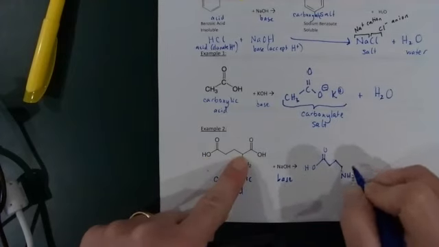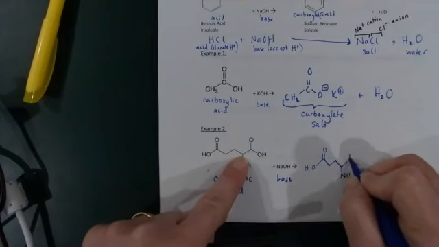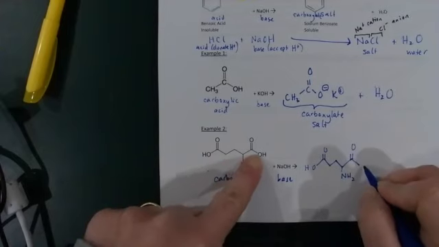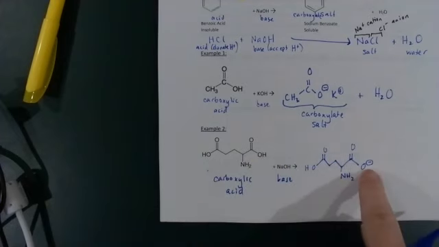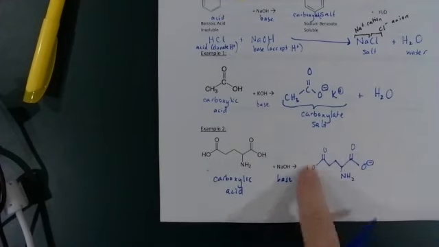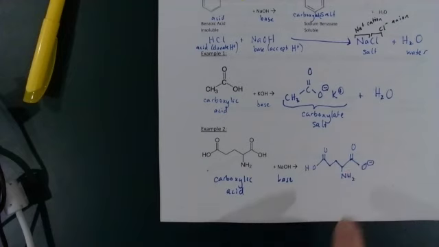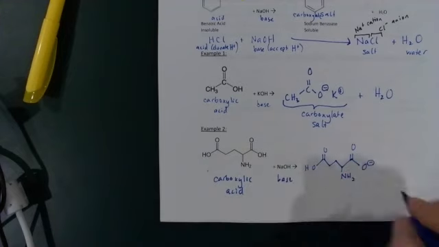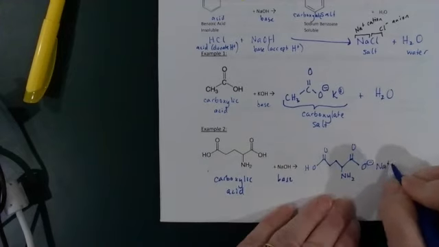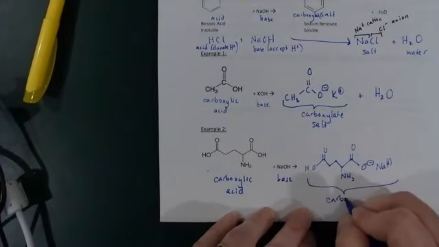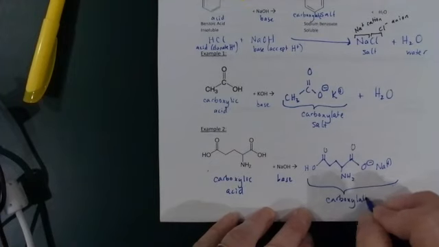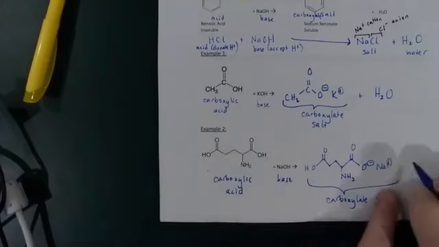I'm copying it exactly like it looked. But now instead of OH, I write O negative. The H plus got donated. What's left behind is negative. There's our anion. What will the cation be? It will be the Na plus. There is our carboxylate salt. And the other product, of course, H plus and OH minus make water.